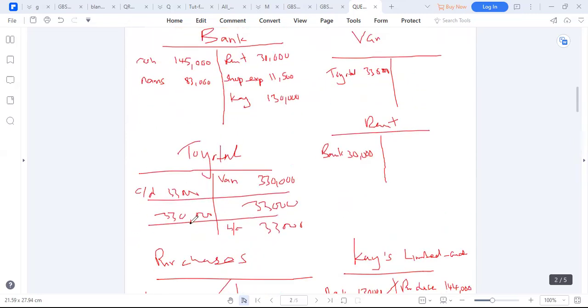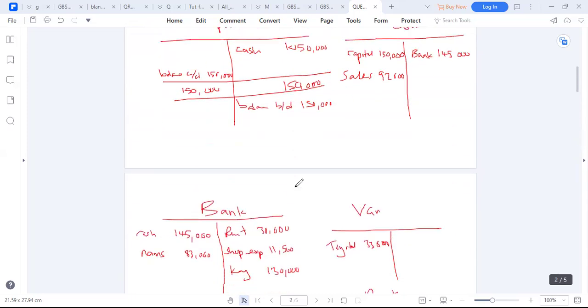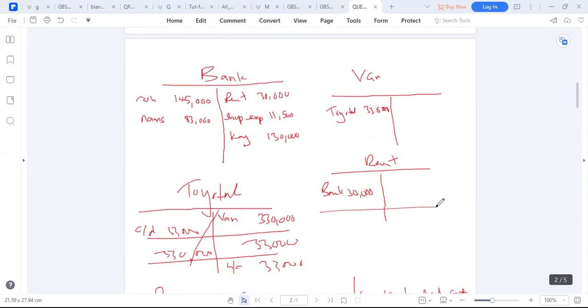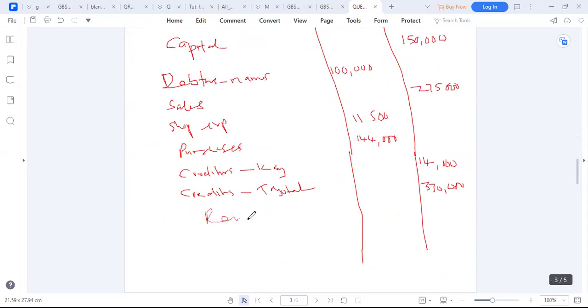Done with this. Remaining with these three. So rent, this is 30,000. So we know what we're doing inside. In the interest of time, rent, using payrolls, there's a debit balance.